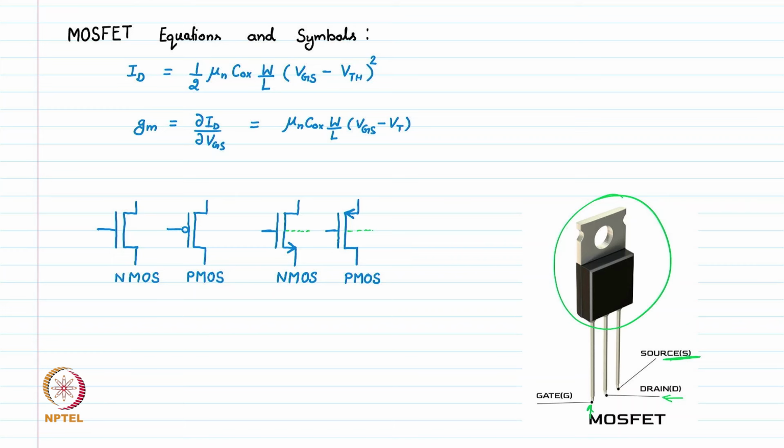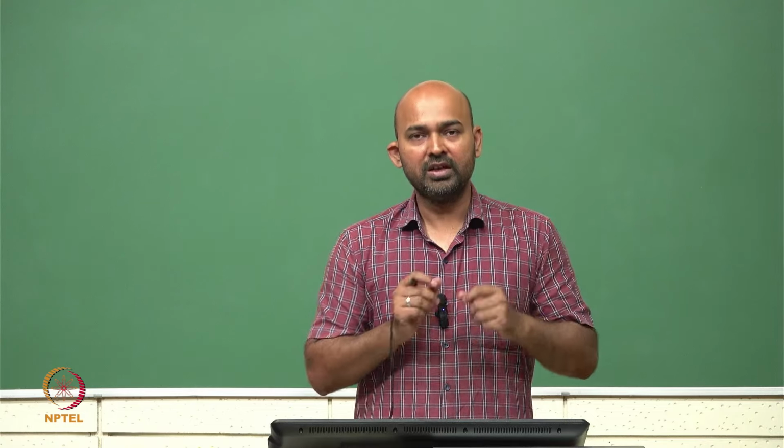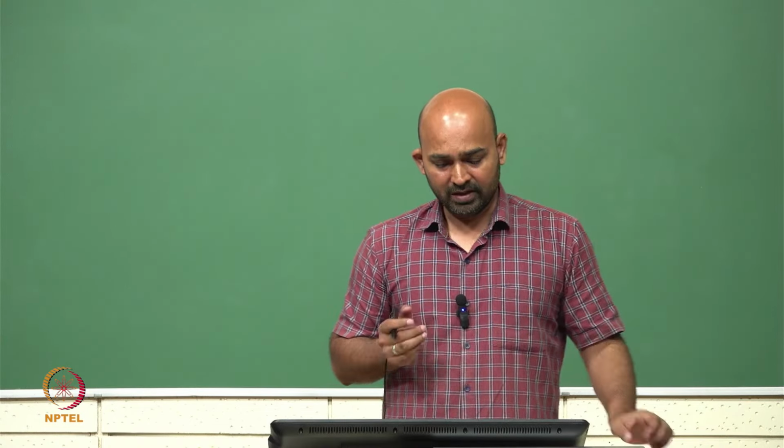This is the MOSFET device which is generally available in the market, which we can buy from any online vendor. This is a PTH type of MOSFET where we need to drill 3 holes, put this MOSFET on the PCB, solder it, and it acts like a transistor.